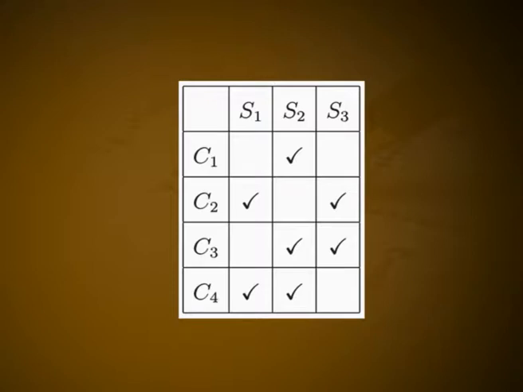We can see that there are check marks in the cells corresponding to (C1, S2), (C2, S1), (C2, S3), (C3, S2), (C3, S3), (C4, S1), (C4, S2). It is clear that there is a relation defined from C into S.